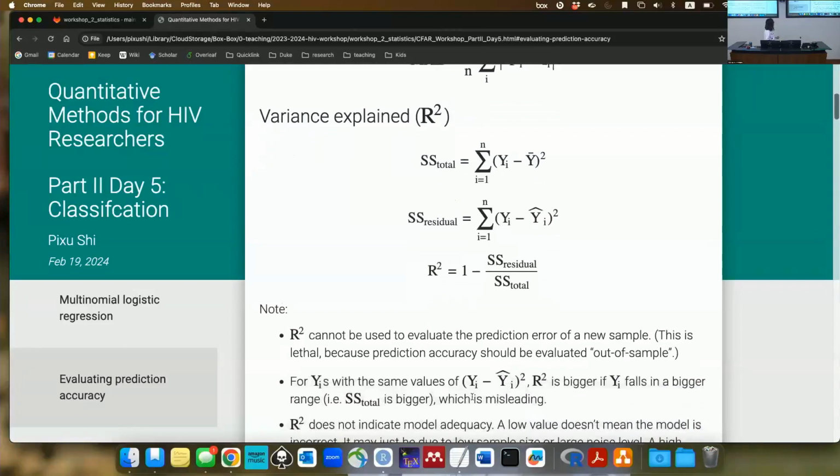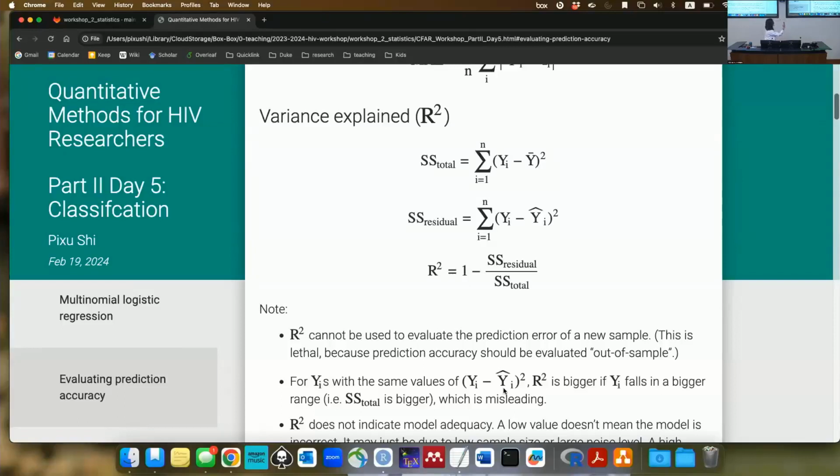And then if you have a regression line that has the same prediction accuracy for all of the y's, suppose the difference between observed y and the predicted y is the same, that you have the same amount of prediction error for all of the y's.